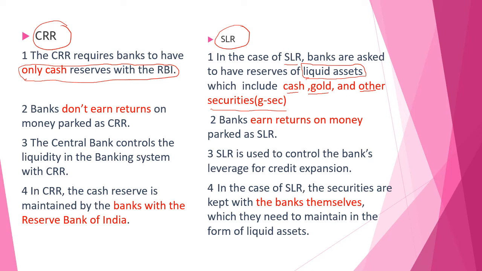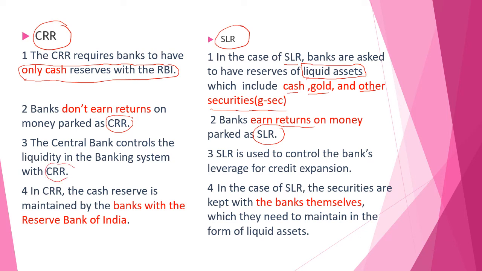Okay, then the second statement is that banks don't earn returns on money parked at CRR. That means there is no interest payment. In the case of CRR, there is no interest payment, but in the case of SLR, the bank is getting interest payment or returns. You have to remember that. Next, the central bank controls the liquidity in the banking system with the CRR.